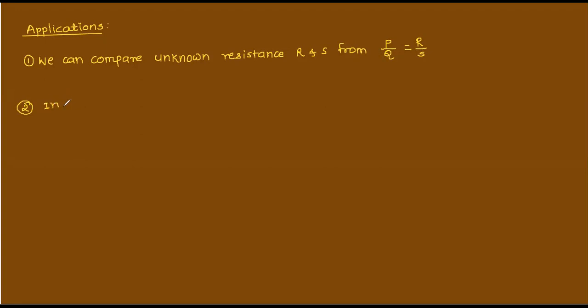Suppose in case of capacitors, it means what? Suppose in place of resistors, we have capacitors. I'm showing you a very small diagram here.